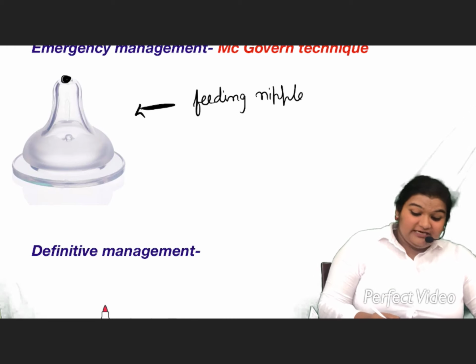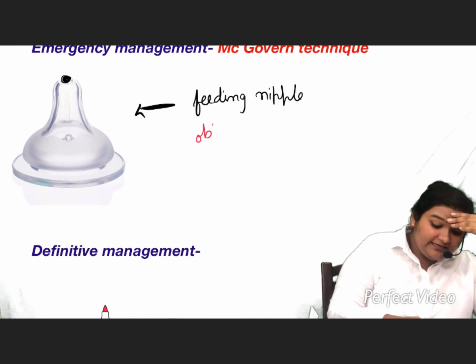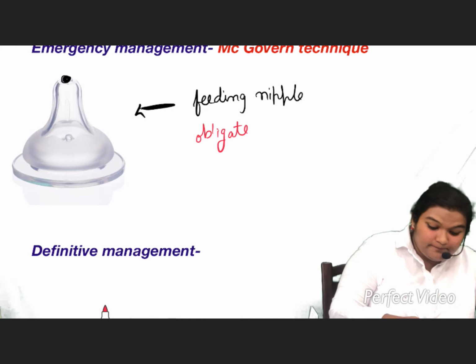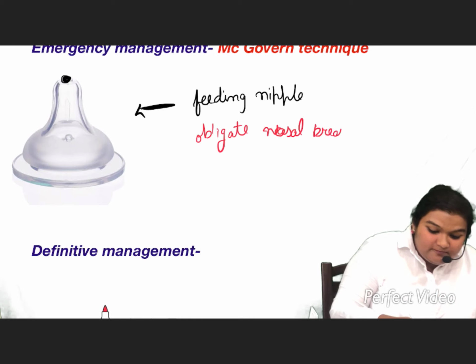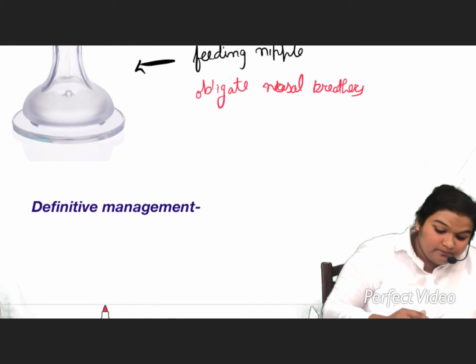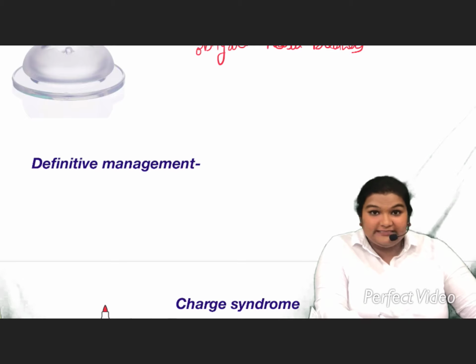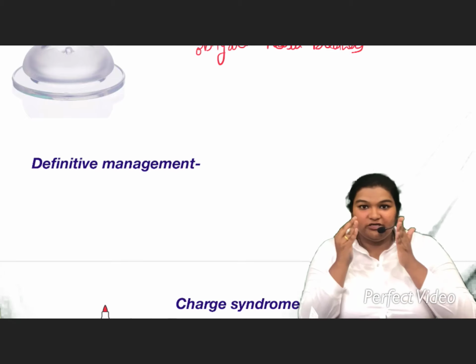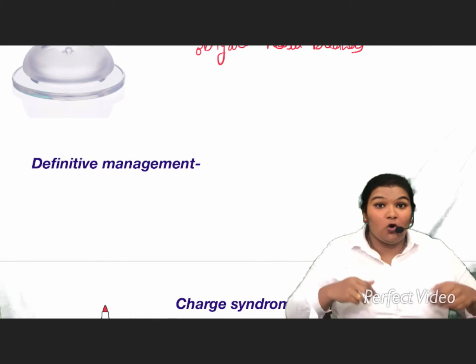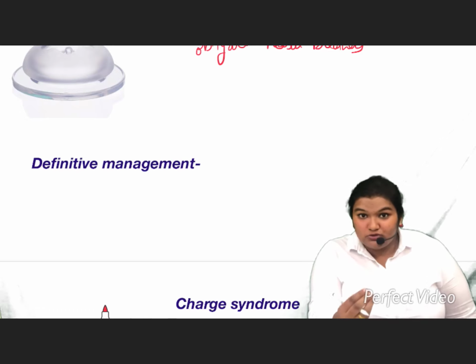So what we will say is, babies are obligate nasal breathers. What are they? They are the obligate nasal breathers. They only know that they can breathe through the nose. They don't know at all that they can breathe through their mouth.